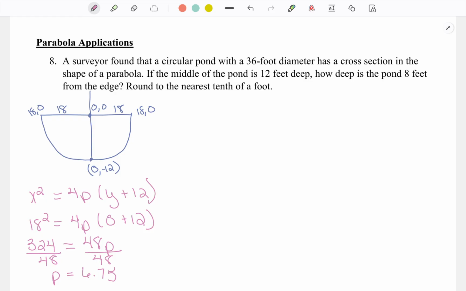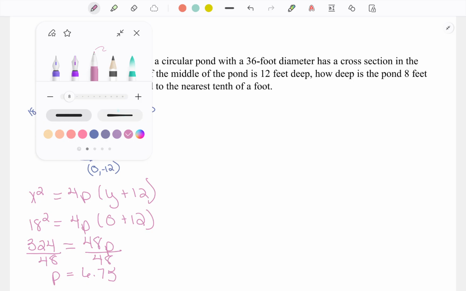So actually our latus rectum is at 6.75 and 6.75. So the 18, 0 could not be, and 0, 0 would not be our focus in that case.